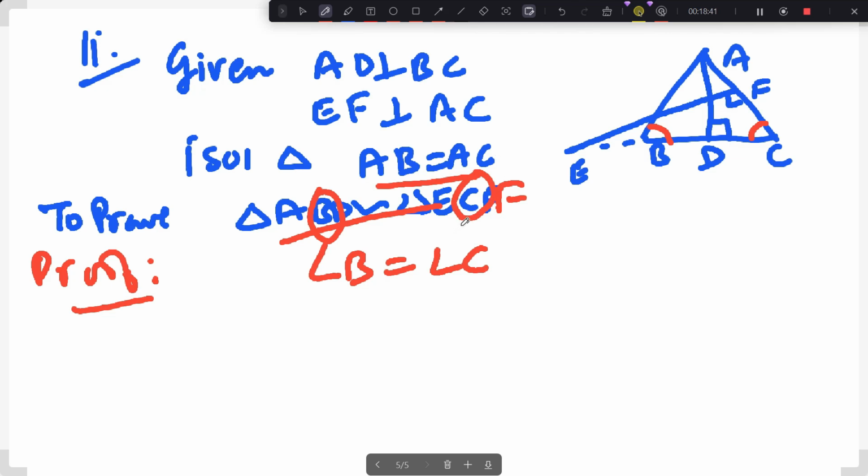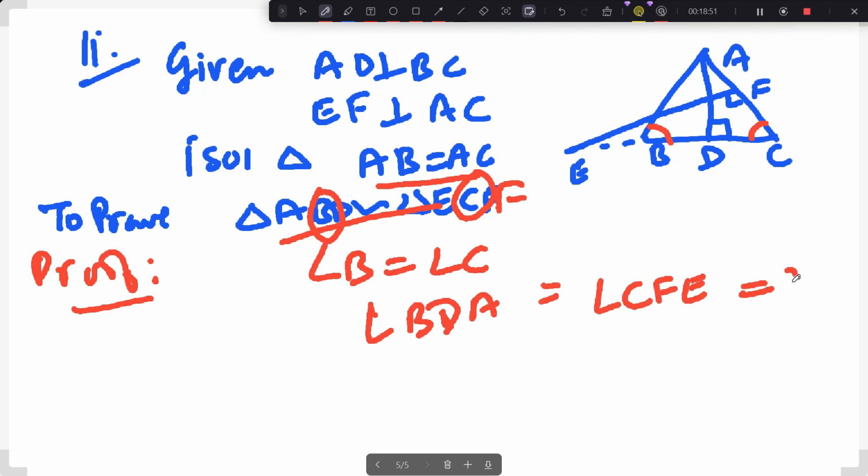I think all the questions are very similar, man. See, angle BDA is equal to angle CFE, right? Equal to 90 degrees. And this angle is already equal. So basically, angle ABD is equal to angle ECF.